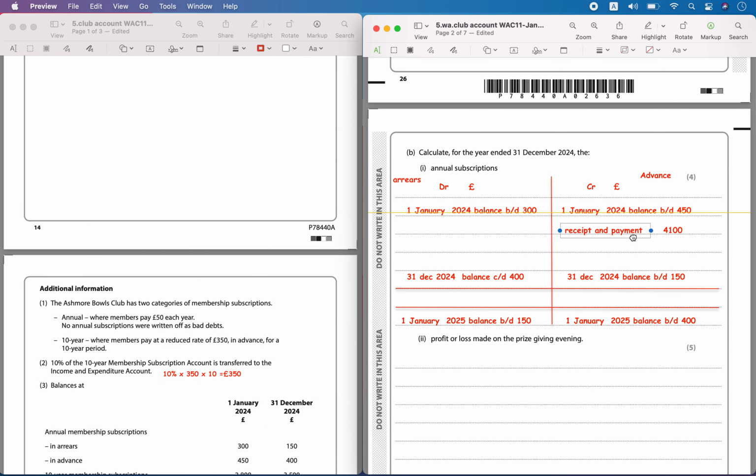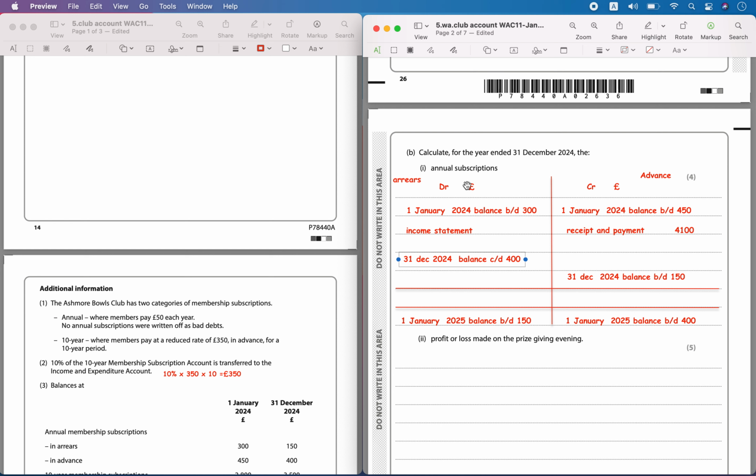This was received. They had some arrears and advances, and there were receipts received towards subscription. Now what actually should go into the income statement? We have to calculate. It goes on this side, the income statement, so that will be the annual subscription that is going to go into the income statement.